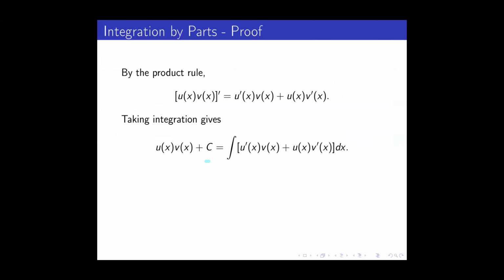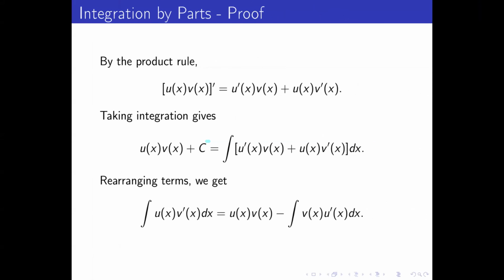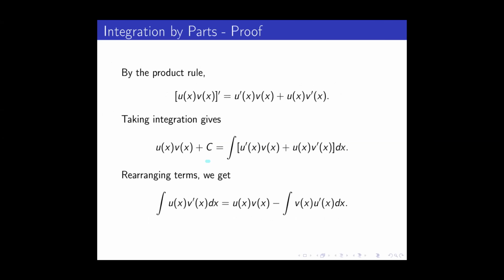And so it's equal to the integral of the sum u'v plus uv'. And now you change the sign of these terms. So you move this term to the other side. Then you obtain this.